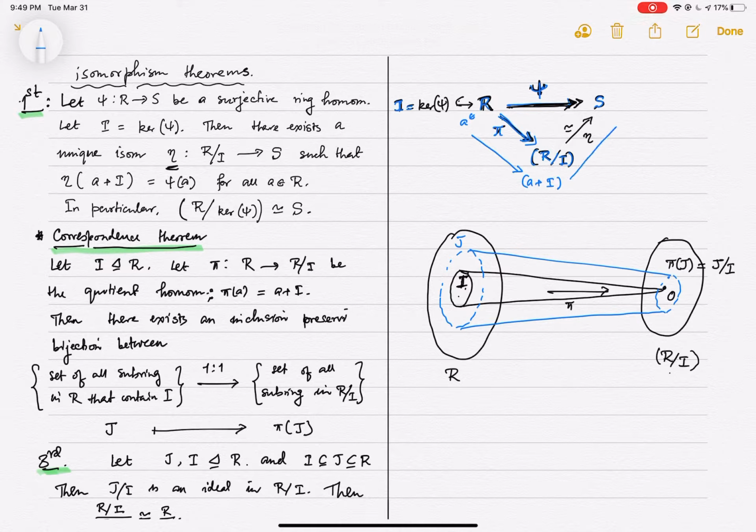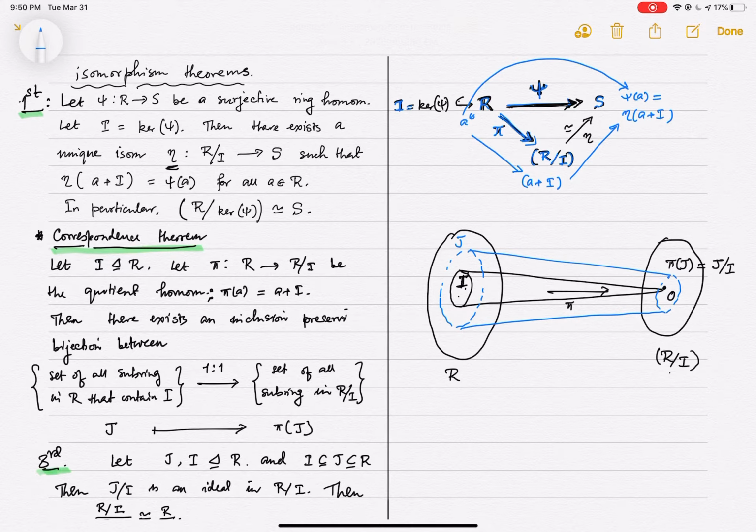Applying eta to such a thing is the same as applying psi to A. These two things are the same. My arrow doesn't land in the right place. So going down right and then up right is the same as going right.